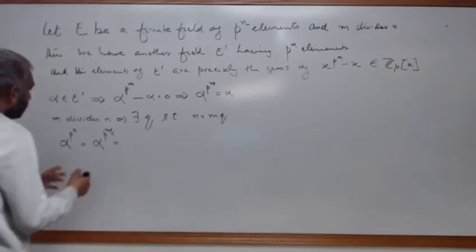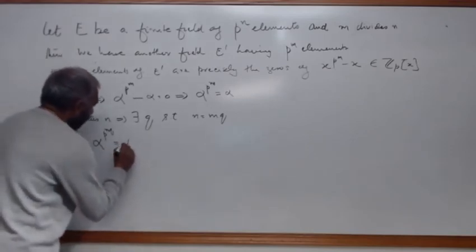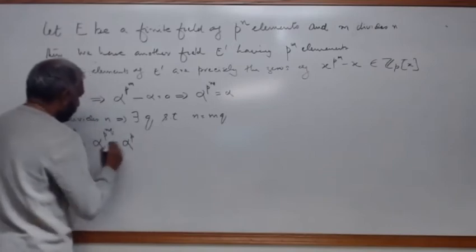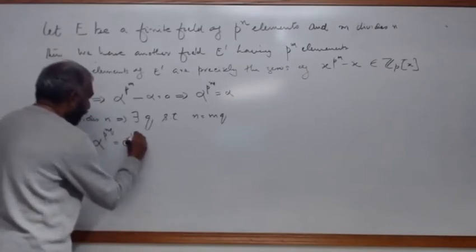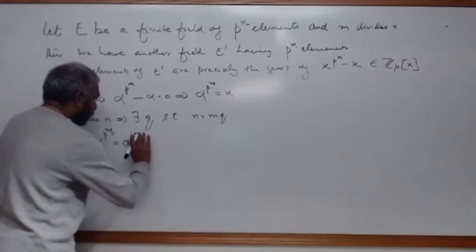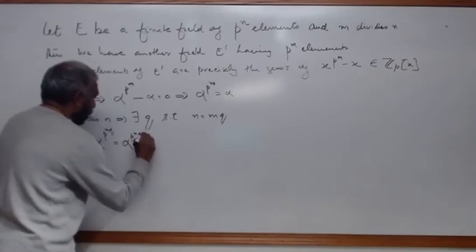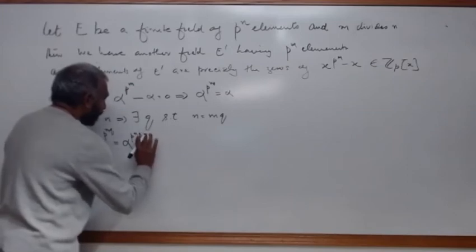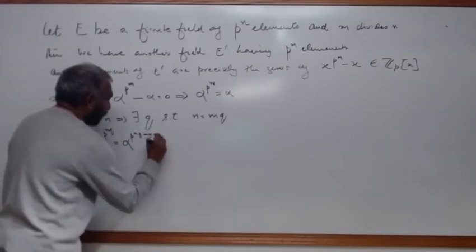So this is equal to alpha to the power of p to the power of m plus m cube plus m cube minus m plus m.